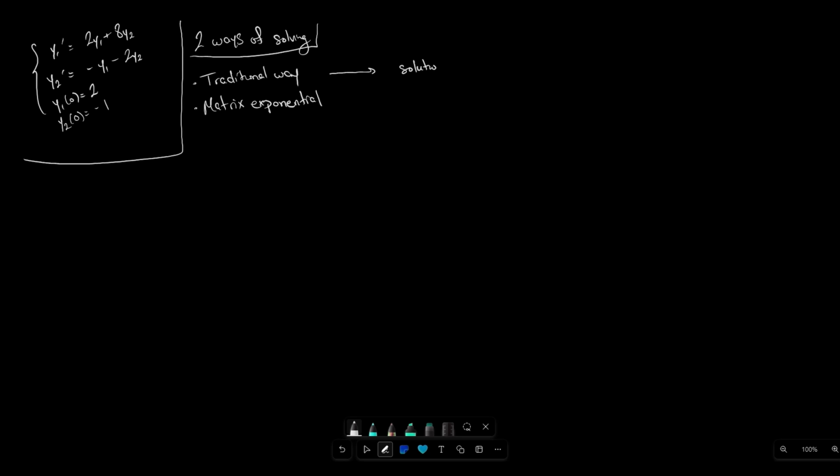Solution is given by y, a vector, so this vector is going to be the vector of y1 and y2.